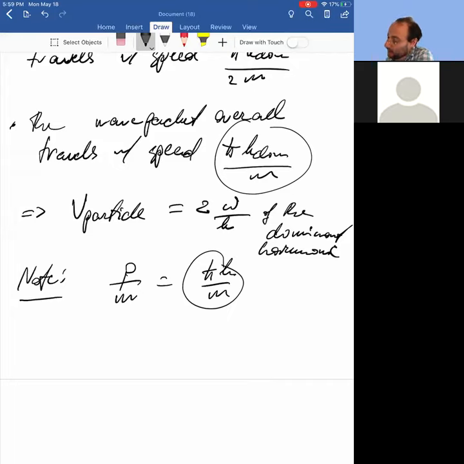As you go into the classical regime, p over m does give you the classical speed that's calculated using dx dt.